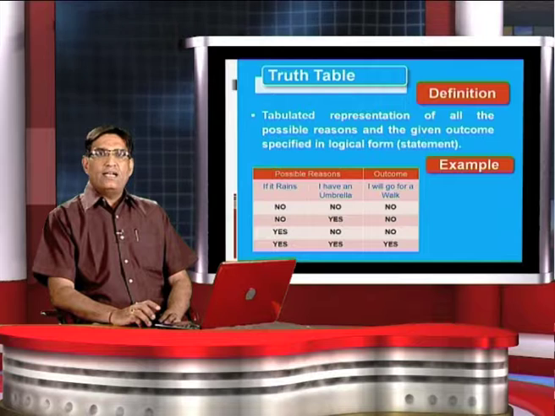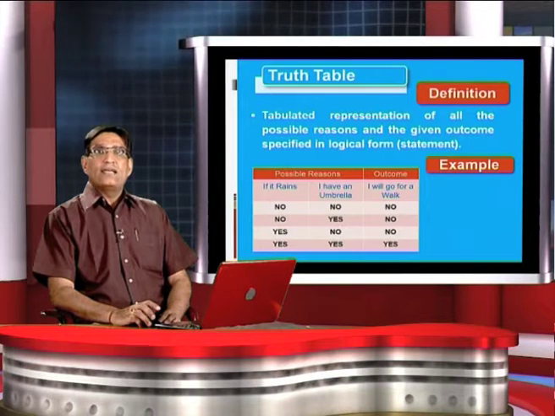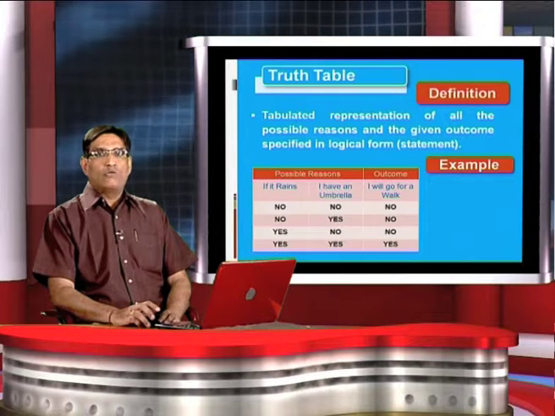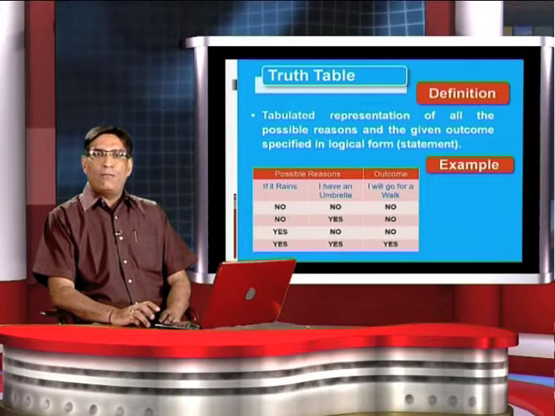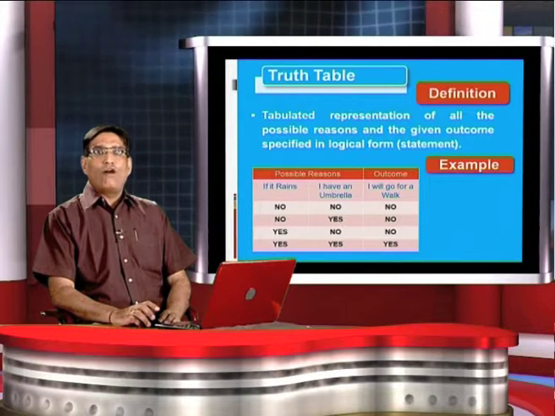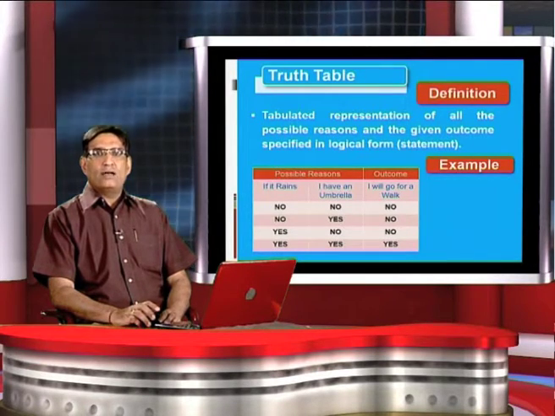So, now we are very clear what logic is. We say that given a statement, if we give reasons for the outcome, where the outcome may happen or may not happen, then the set of all reasons is termed logic.